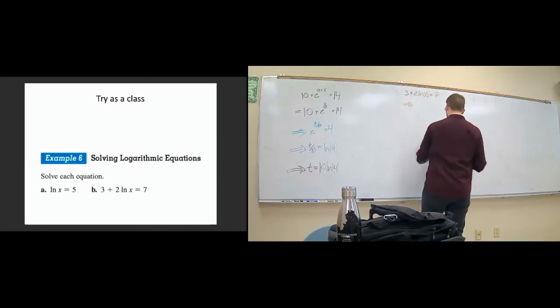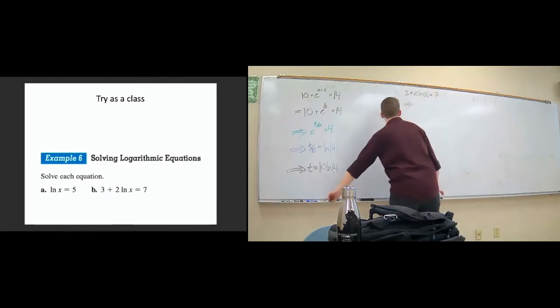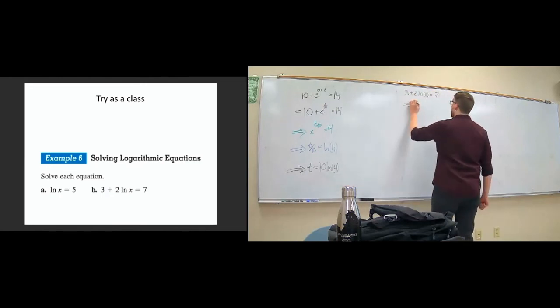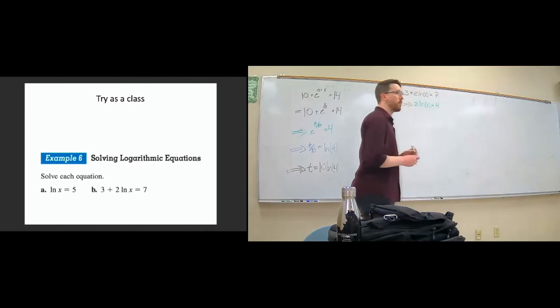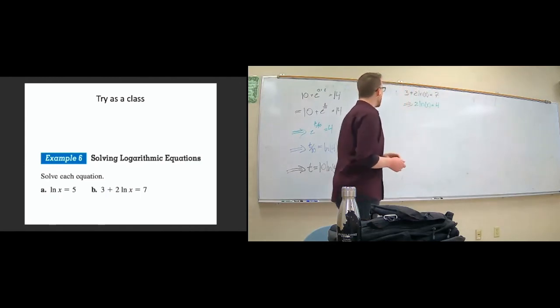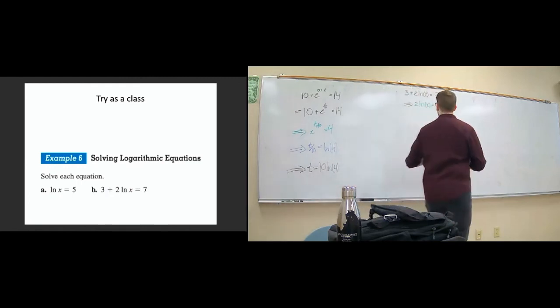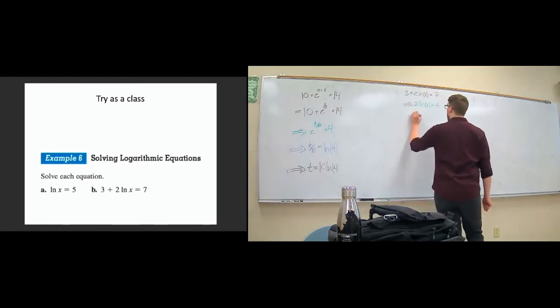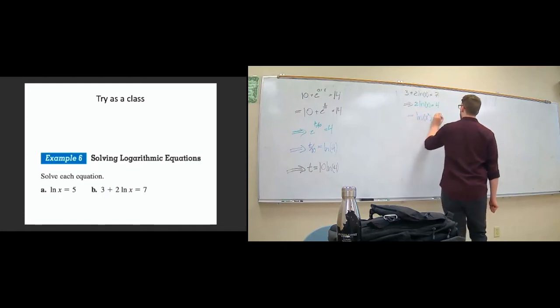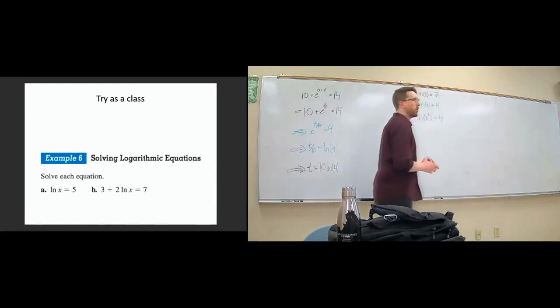Well, this tells us then that 2 times the ln of x is equal to 4, because we subtract 3 from both sides. Well, 2 times the ln of x, this is equal to the ln of x squared, which is still equal to 4.